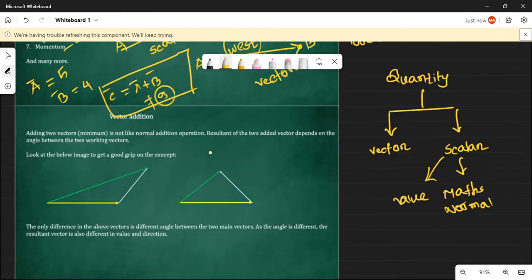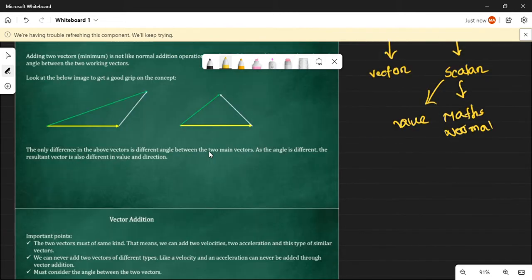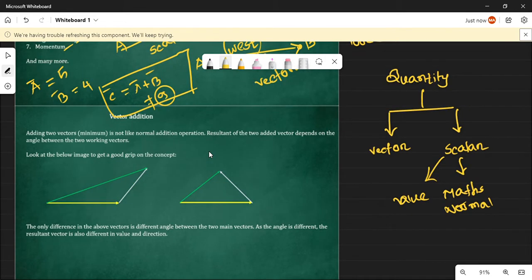Now, vector addition. Before going to the rules of vector addition, I want to give you a clear picture of why you need to consider the angles between the vectors while adding two vectors.